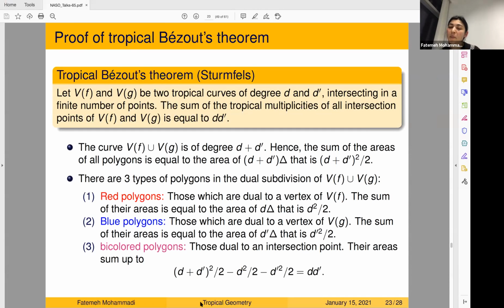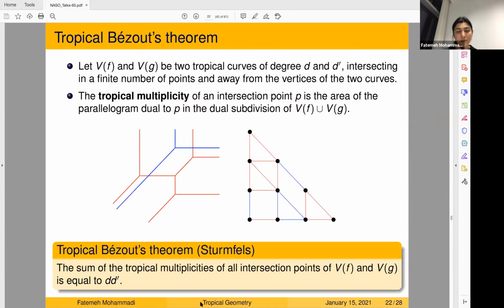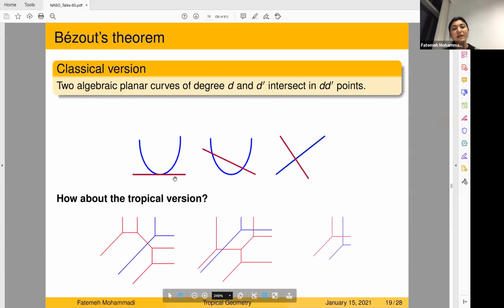In the primal picture, is it easy to spot geometrically the meaning of a multiplicity, or only in the dual picture? Oh, so like in the original one? Yes, in the bottom left. Is there something geometric happening there that I can see that's a multiplicity?